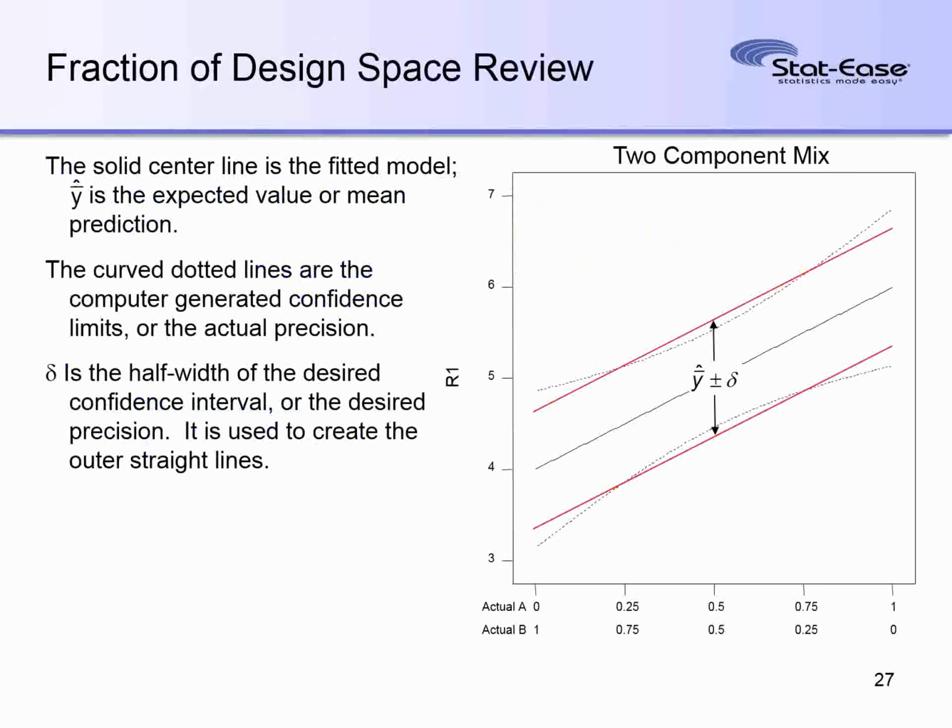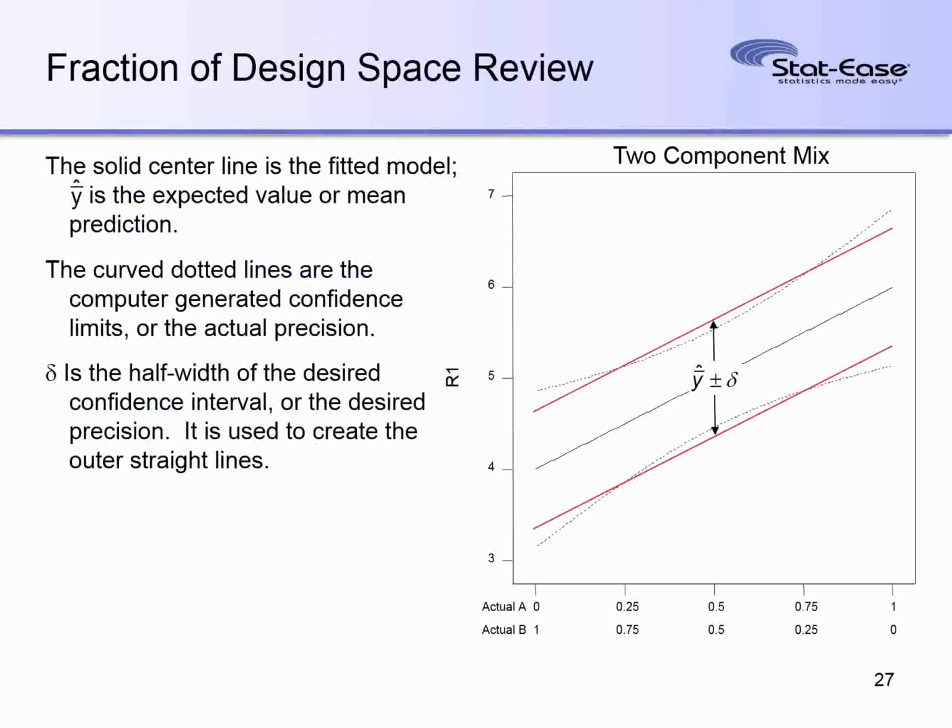So that specification, that plus or minus half width, delta or D that we refer to. If the Y-bar hat is that predicted model, the black line running at about a 30-degree angle upwards there, around that prediction is a confidence band. That would be the dotted curves on this graph.